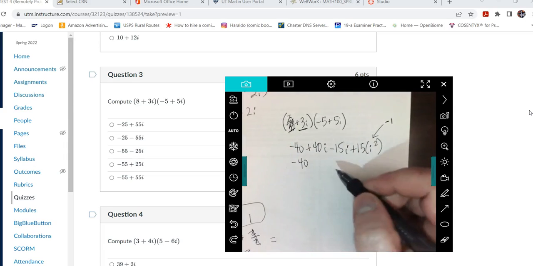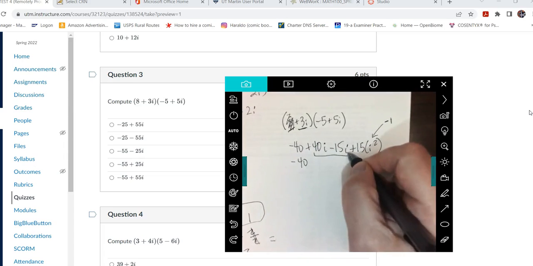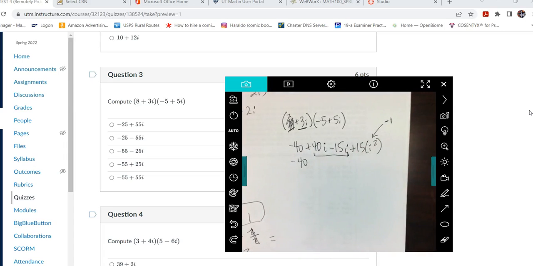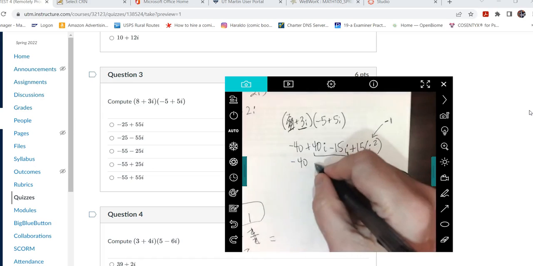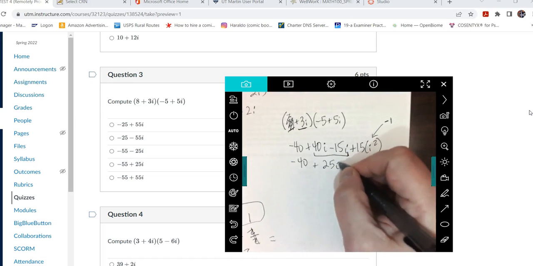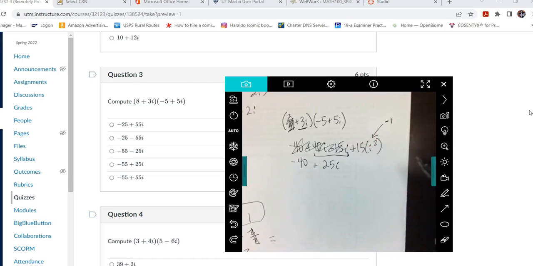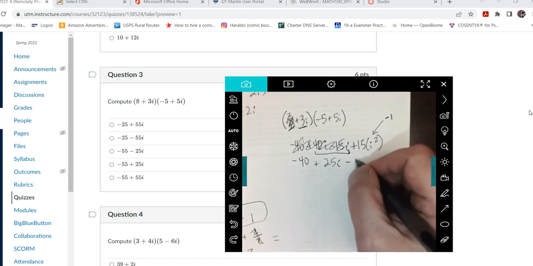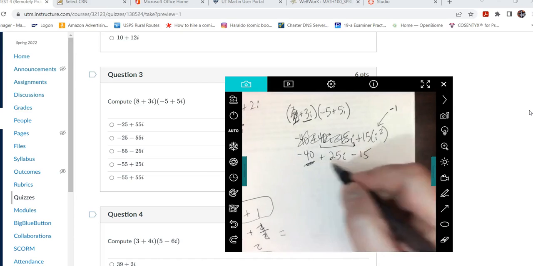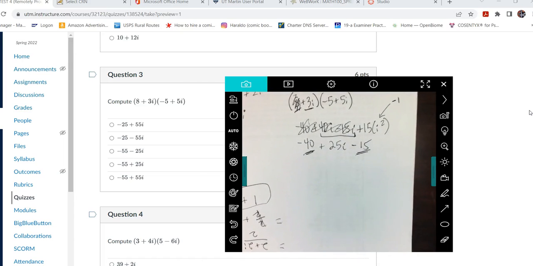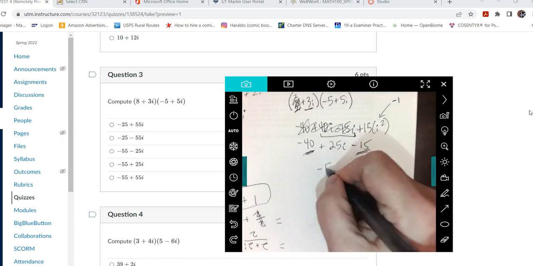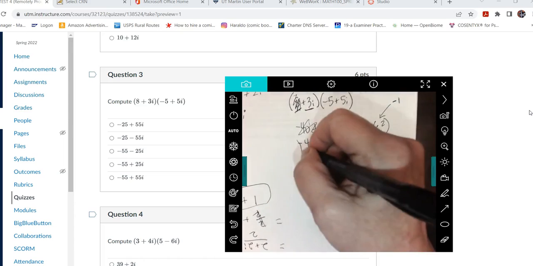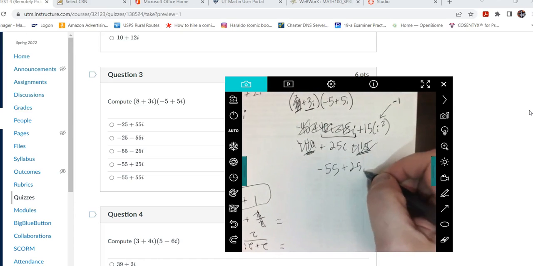So we're going to get negative 40. And then that one's going to give me 25i. Okay. And then I'm going to have 15 times negative 1. And then I put these together, and I'm going to get negative 55 plus 25i.